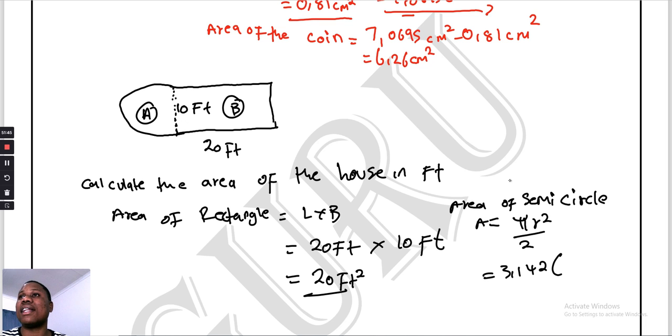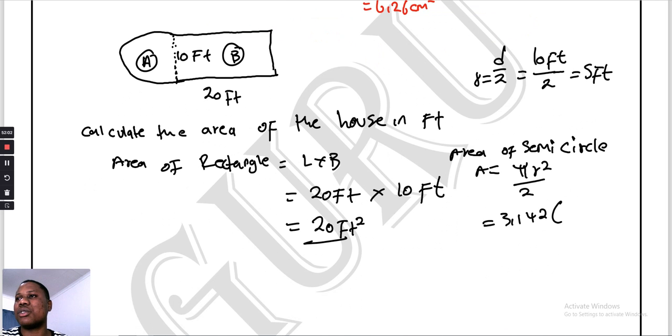We are given the diameter, so we have to calculate the radius, which is diameter divided by 2, and our diameter is given as 10 feet. So you're going to say 10 feet divided by 2, which is equal to 5 feet. Okay, then we substitute it in terms of this r.